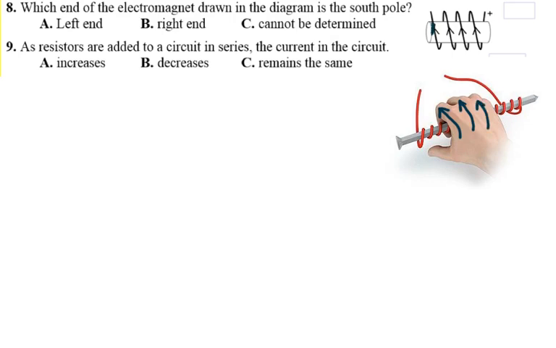So if you align your fingers in the direction of the current, your thumb is going to be north and this is south. So the answer is going to be the right end. And if they ask you about the magnetic field lines, then they will be going out of the north and into the south.